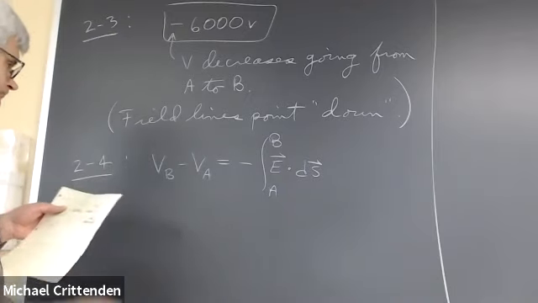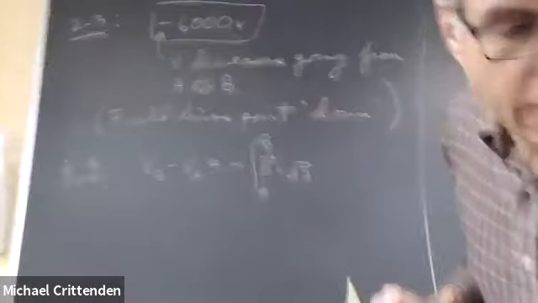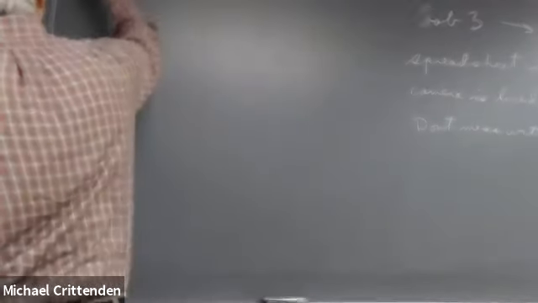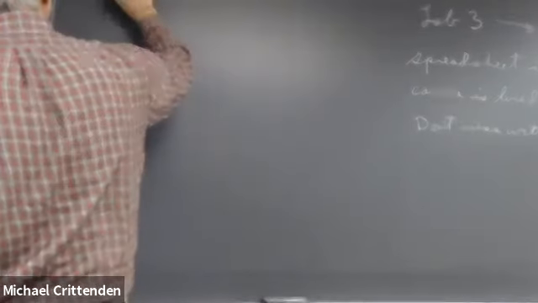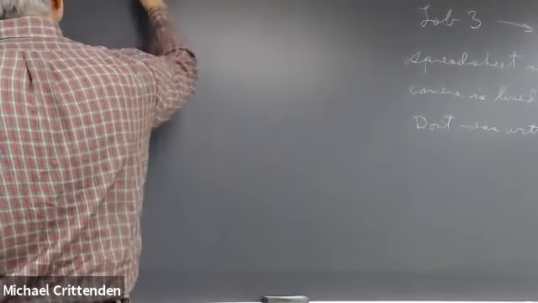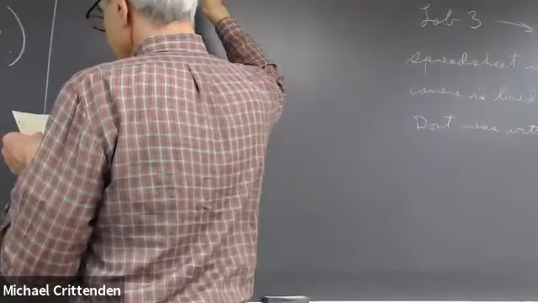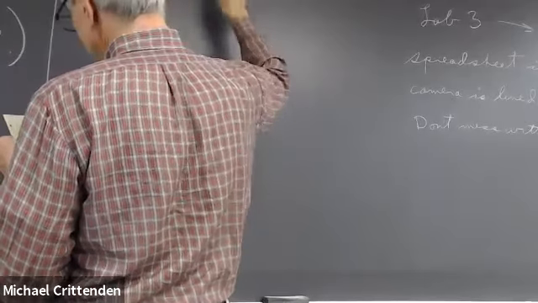Anyhow, what we're dealing with in this particular problem is the potential at x equals 2 minus potential at x equals 3. Fill those in for the limits of integration.